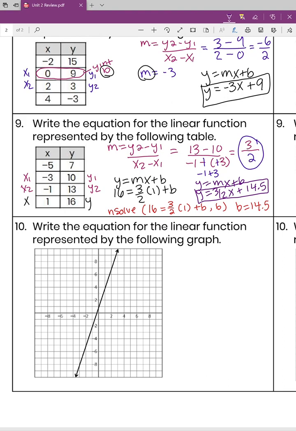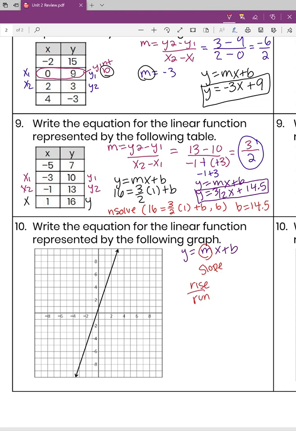Last problem, number 10, says write the equation for the linear function represented by the following graph. So when we see a graph, we need two things. So this graph is using y equals mx plus b. Remember that m is our slope, which we find using rise over run.